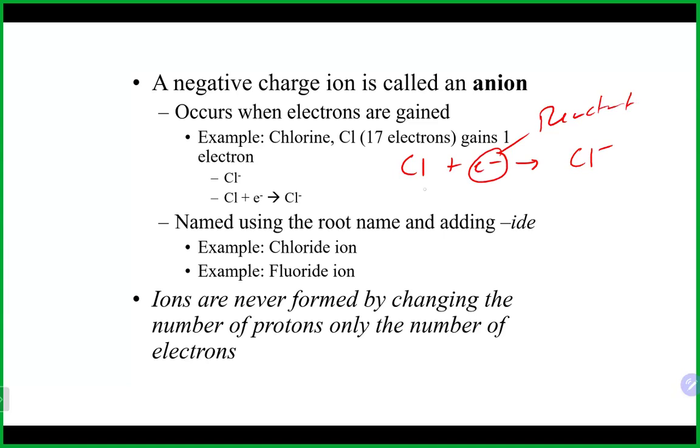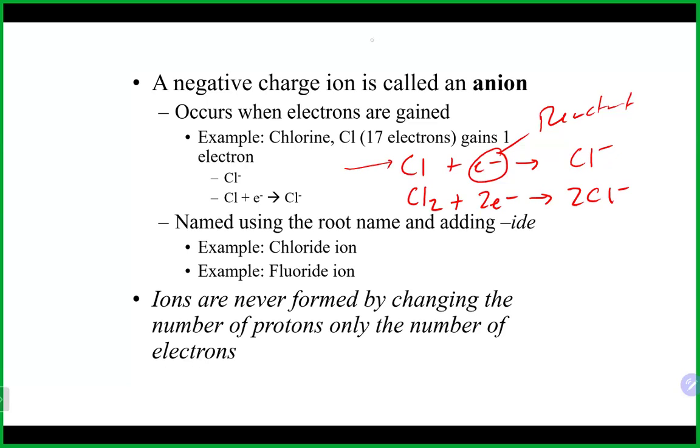If we want to be balanced about it, we know chlorine is one of those diatomic molecules that comes as a 2-pack, which means you would have 2 electrons, 1 for each chlorine, and you would get 2 chloride ions on the right-hand side. Each one of them is going to pick up an electron.